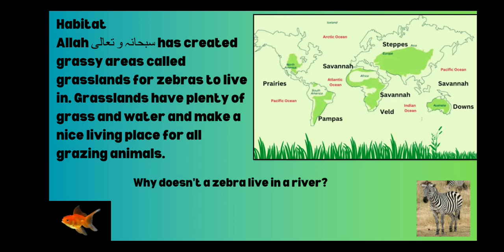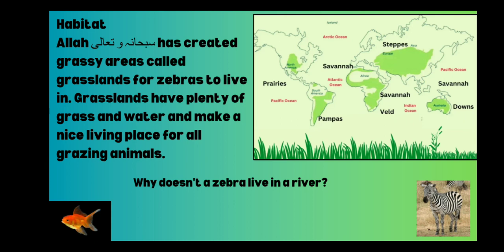Why doesn't a zebra live in a river like a goldfish? Why can't it live there? Yes, you're right. Zebras eat grass. They need oxygen to breathe in. And they eat grass. They drink water. If they are put in water, how will they breathe? Their bodies are not designed to live underwater like the fish.